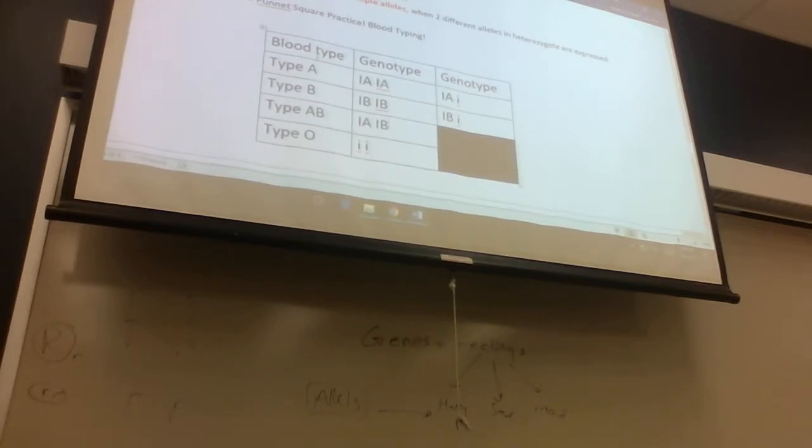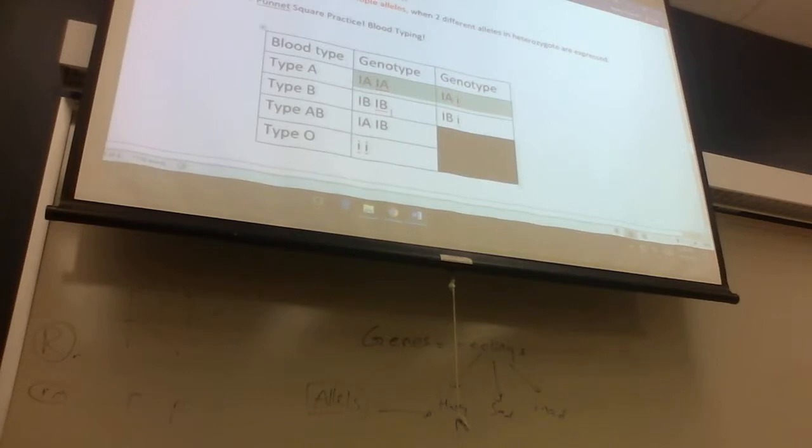Confusing. And this trips people up a lot with blood types. If you have type A blood, you can have two different genes for it, but you'll have the same phenotype. The phenotype is type A. The genotype is either IA IA, or IA little i, because the IA dominates it.